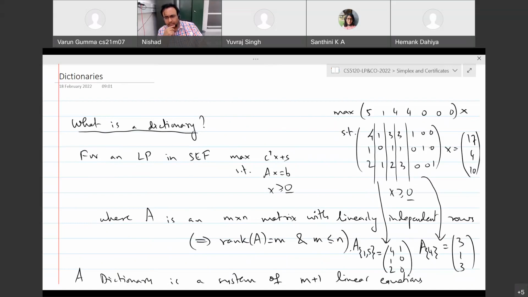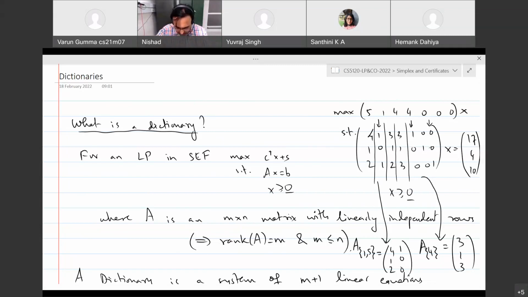Can anyone see an example here of 3 columns that do not form a basis? So we can have 1, 0, 1, 1, 0, 0, and 0, 0, 1. Those 3. Sorry, which ones? Second, number 2. Number 2, 5, and 7, I think. Exactly. If you look at 2, 5, and 7, notice that the sum of columns 5 and 7 is exactly equal to the column 2. So that won't be a basis. Right?